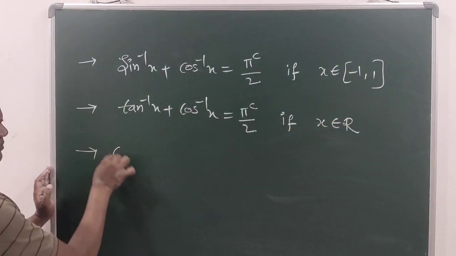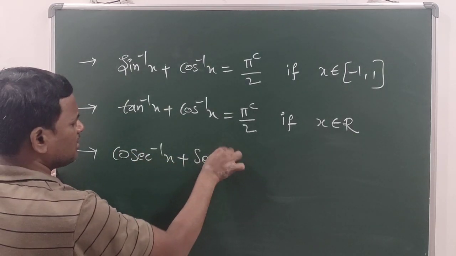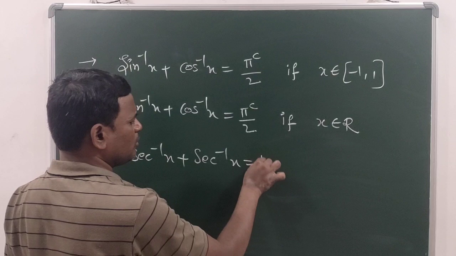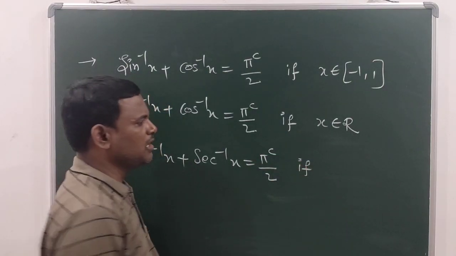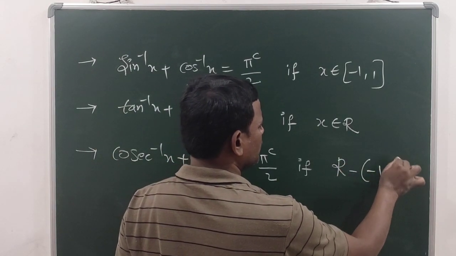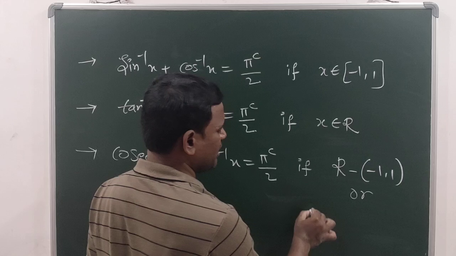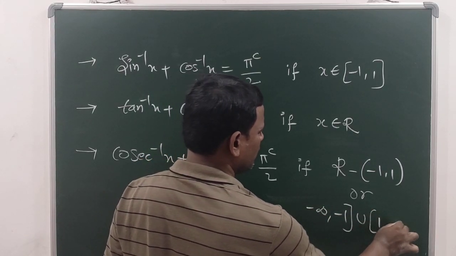Next, cosec inverse of x plus sec inverse of x is equal to 90 degrees if x belongs to R minus the open interval of -1 to 1, or this can also be written as -infinity to -1 closed union 1 to infinity.